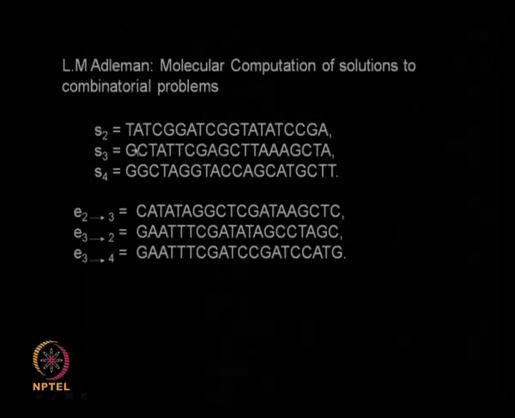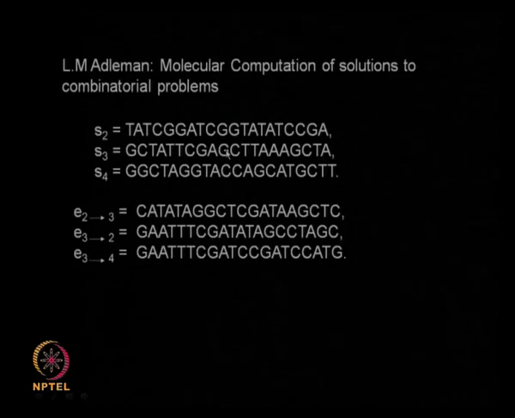So, you see that this portion, C G A T A, represented the complement of the first portion of vertex 3. So, similarly, there is an edge between 3 and 2 starting from 3 to node 2, and how is this edge represented? It is represented by a 20 letter sequence or 20 nucleotides. The first 10 will be the complement of the second part of S3. This is the sequence for vertex 3.